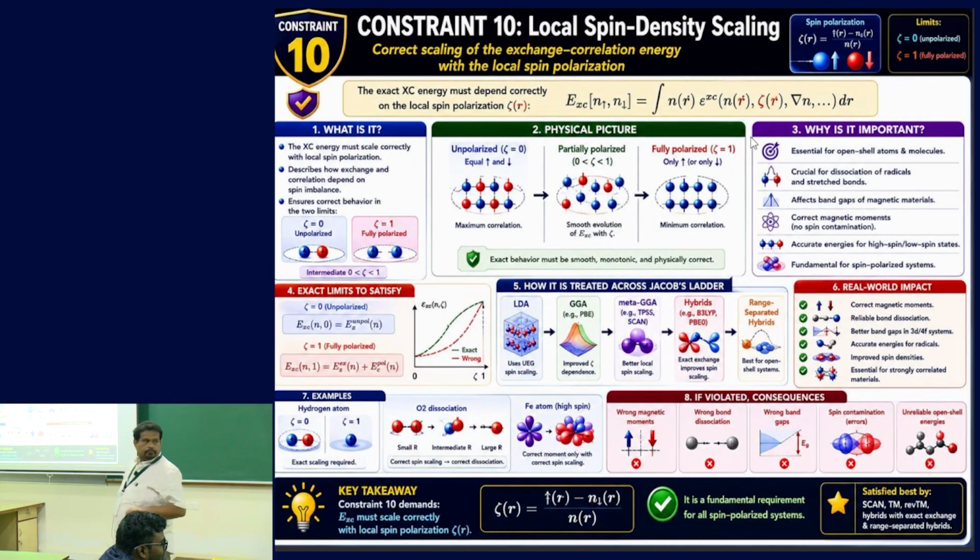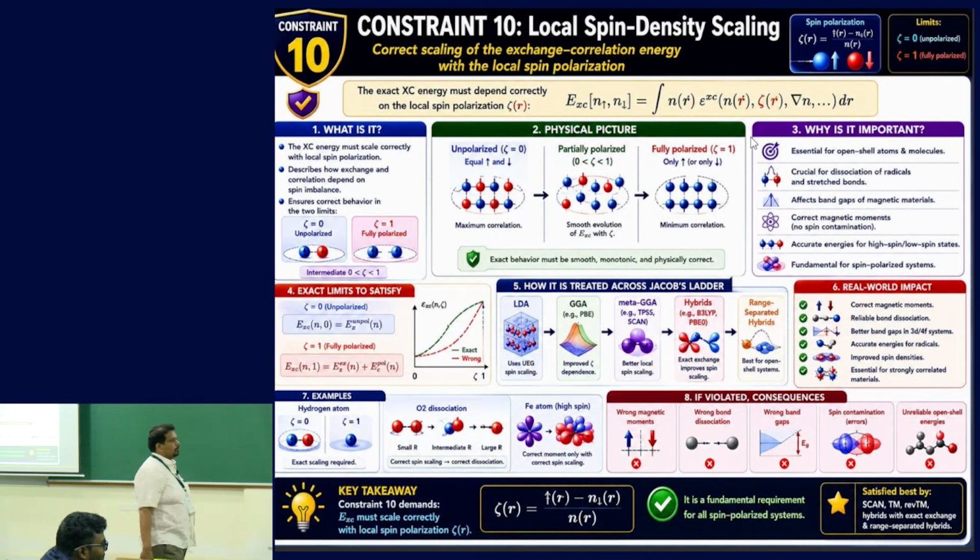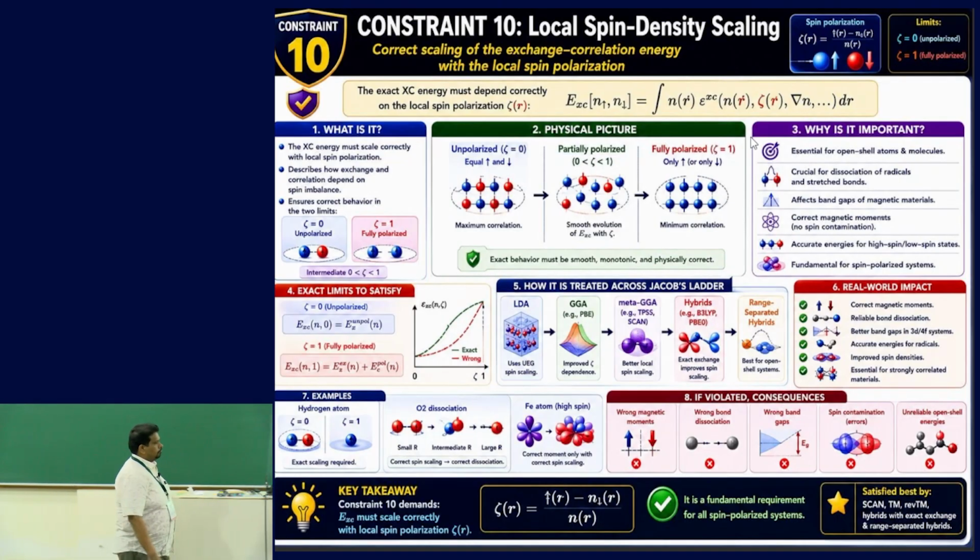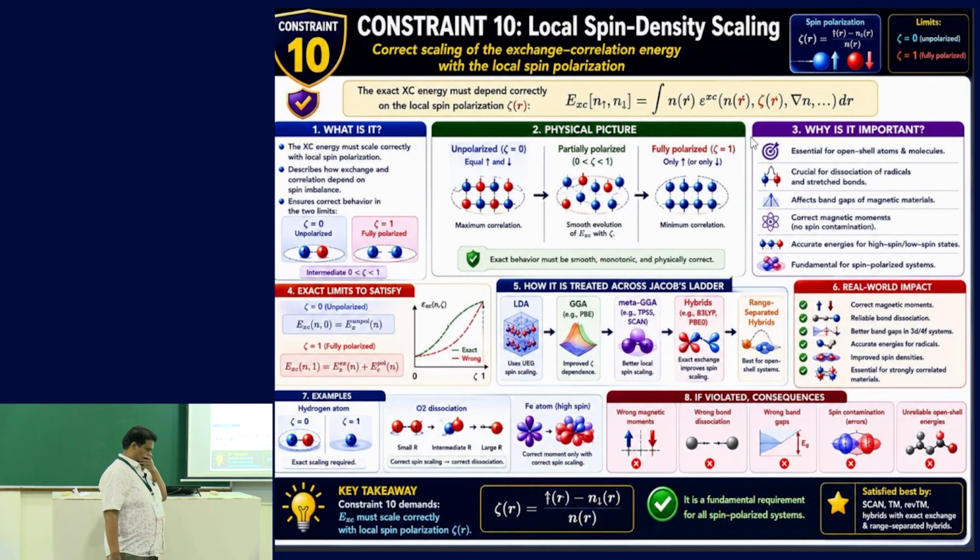Can you tell, like, satisfaction of the local constraint, will it automatically satisfy the global constraint? No. Local will satisfy global, but the reverse we cannot.